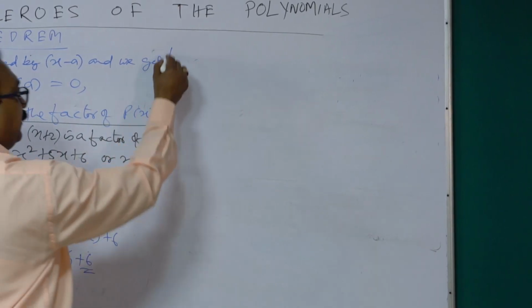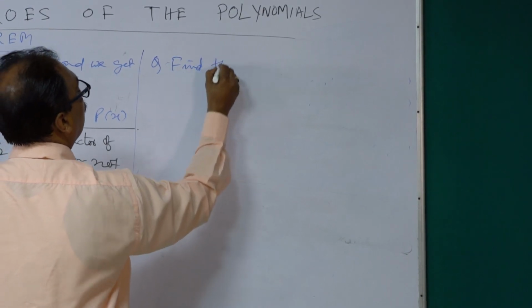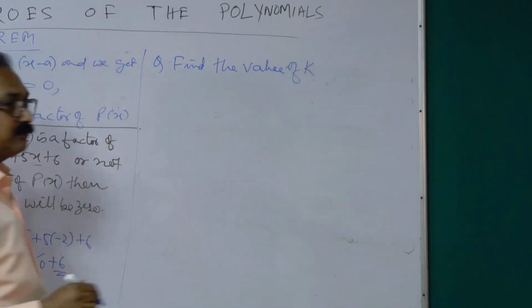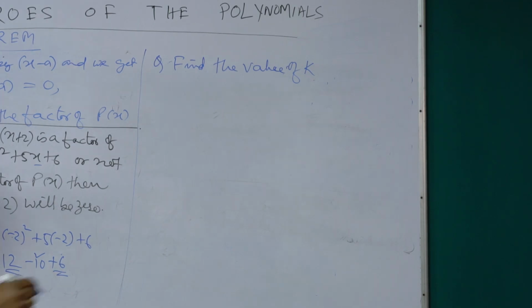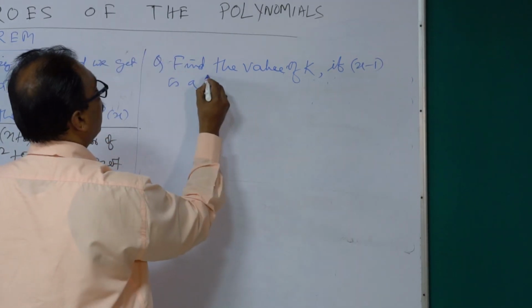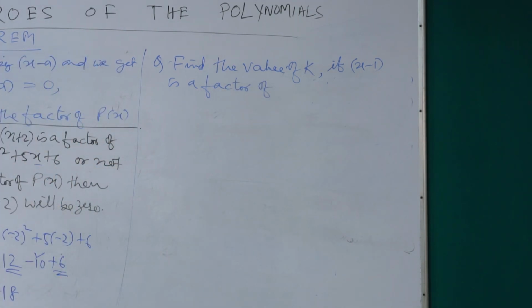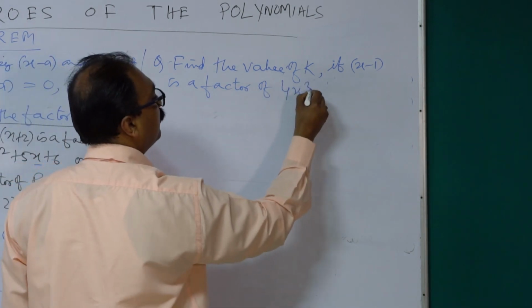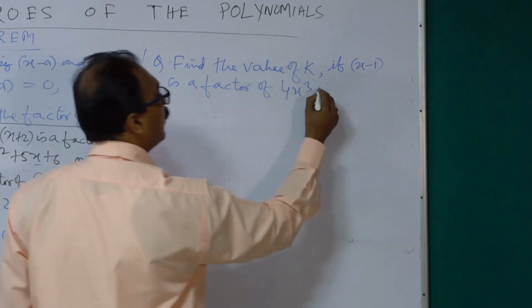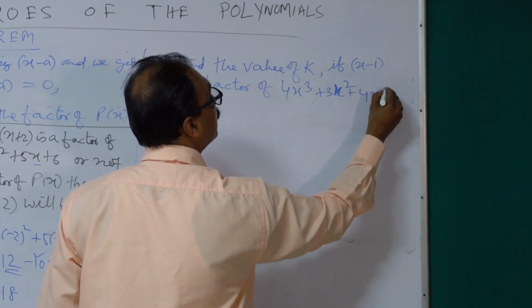Find the value of k. Okay? Question. Find the value of k if x minus 1 is a factor of the polynomial 4x cube plus 3x square minus 4x plus k.